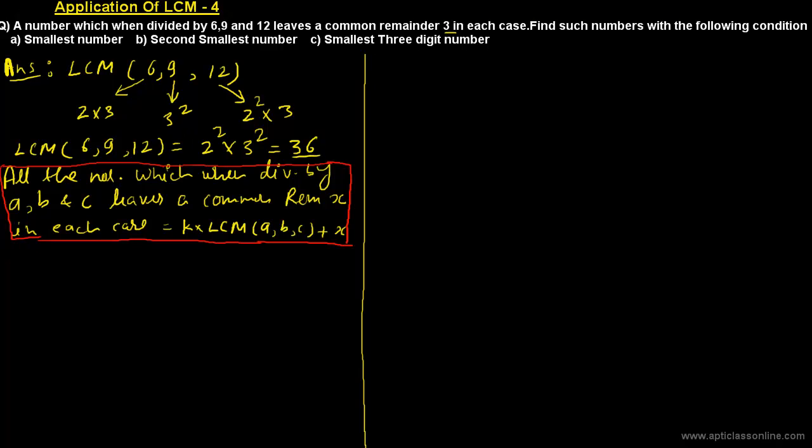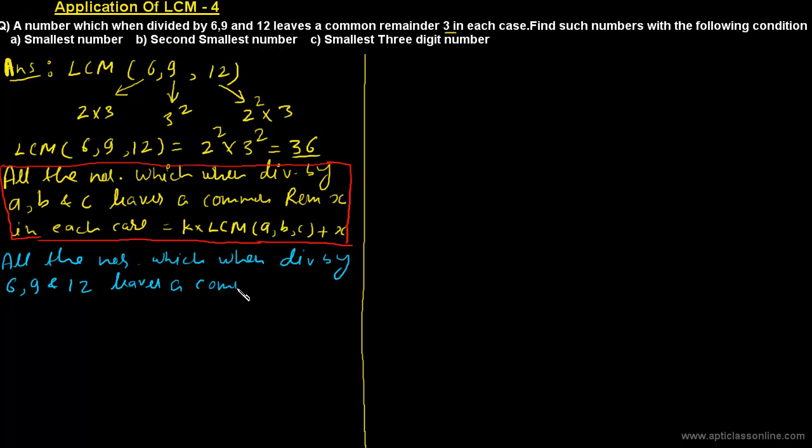So for this example, all the numbers which when divided by 6, 9 and 12 leave a common remainder 3 in each case are K times 36 plus 3.